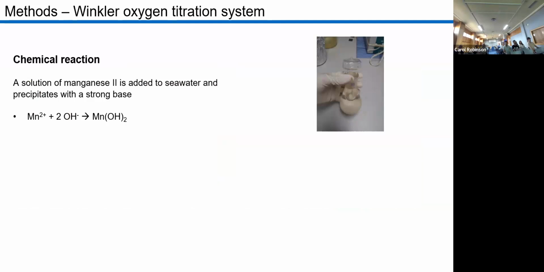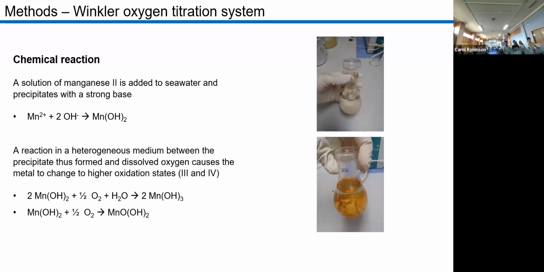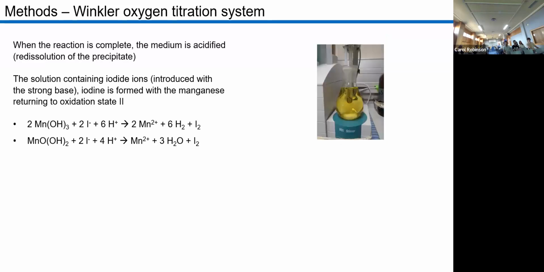So how it works: you get a water sample in which you use reagent 1, which is manganese, and this manganese is going to complex with the oxygen in the water when you put it in a basic environment, and you form a precipitate. When you are in a basic environment, using sodium hydroxide, we add at the same time some iodide.